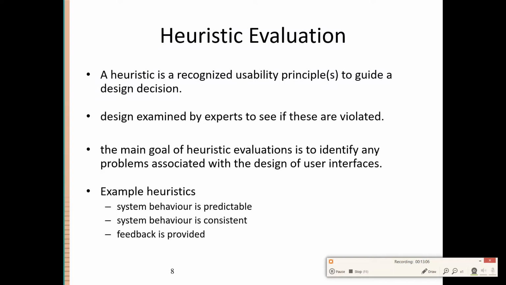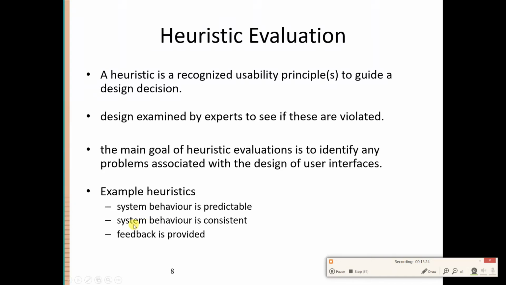So we can say that the system behavior is predictable. But if it is not drawing the rectangle, then we can say that the system behavior is not predictable. So we have to evaluate whether the system behavior is predictable or not.